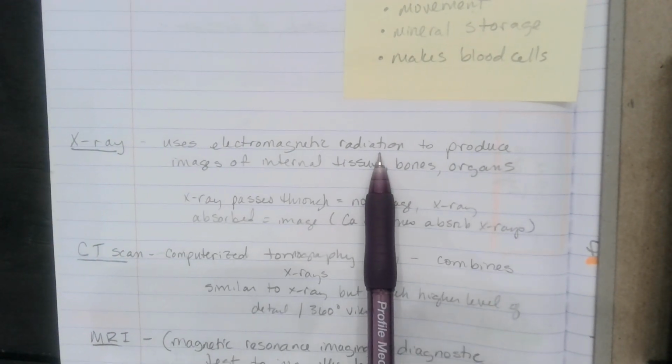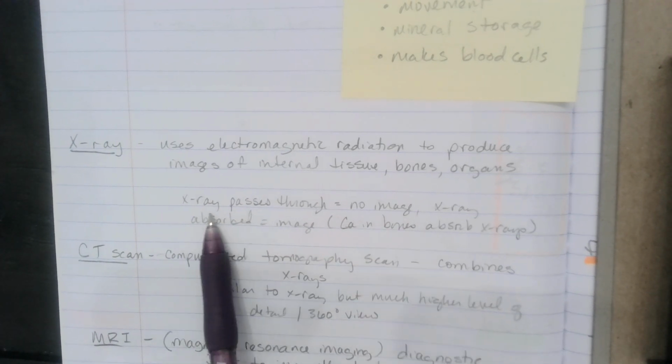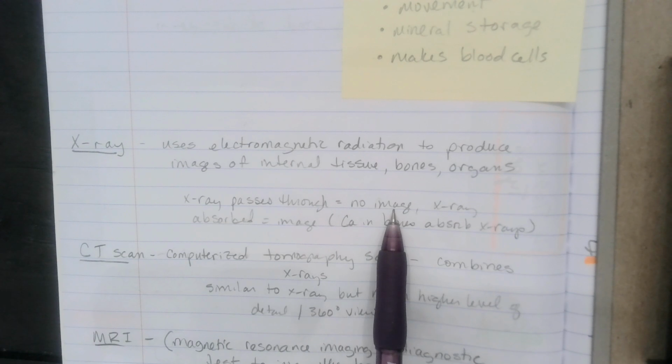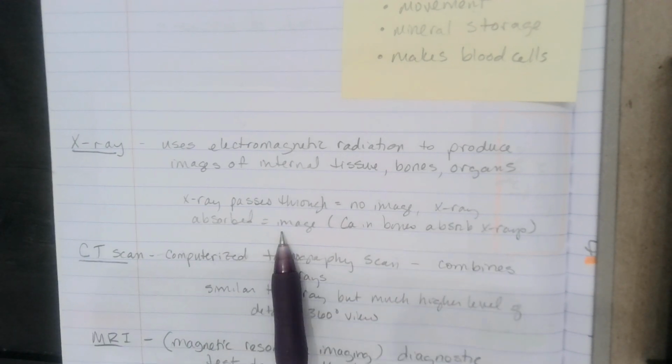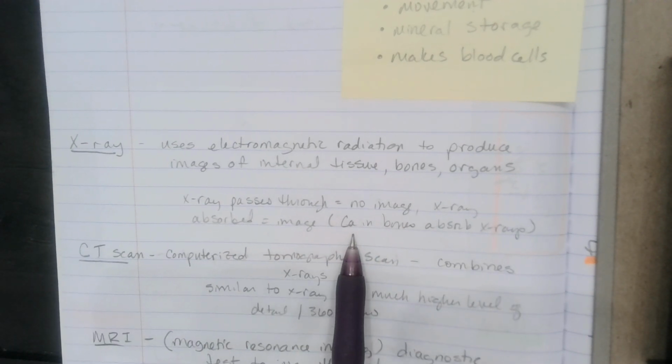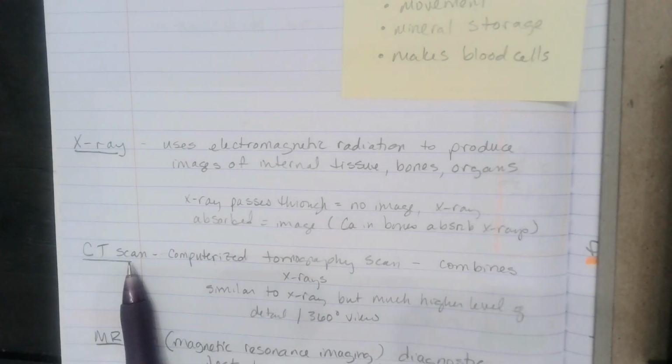So the key for the X-ray, electromagnetic radiation. The X-ray passes through, you're not going to get an image. So X-ray passes through equals no image. The X-ray is absorbed, then you get an image. The calcium in our bones absorbs X-rays, and so that's why you see an image of our bones when an X-ray is taken.